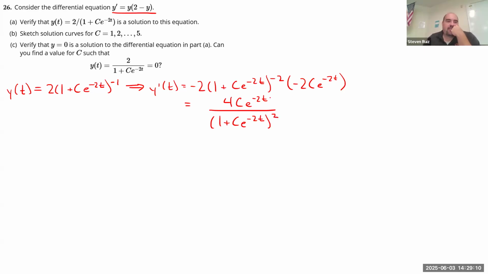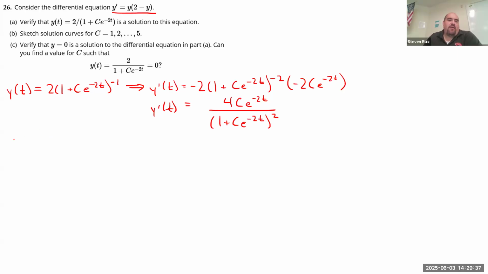So this is an expression I have for y prime of t. Why did we do that? We were asked to prove that the expression I was given for y actually is a solution to the differential equation I was given. So now we can substitute this.